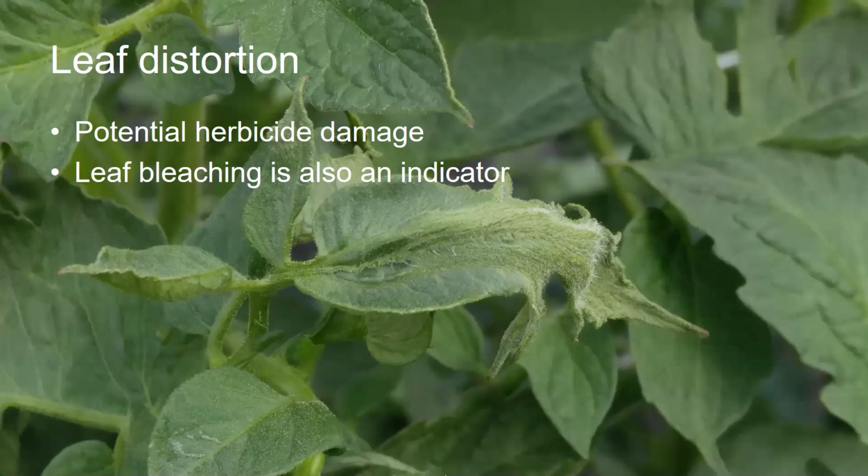And so you'll see these distorted leaves, and sometimes they'll bubble up. They'll look kind of funky. And you can also see leaf bleaching, which is an indicator that it's herbicide damage. Sometimes they will grow out of this, and sometimes you just need to pull the plant.